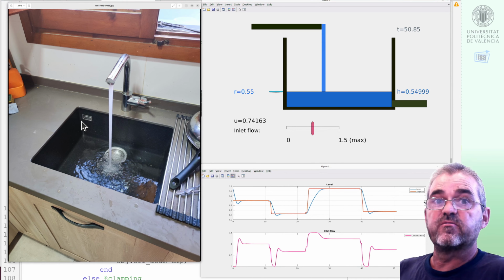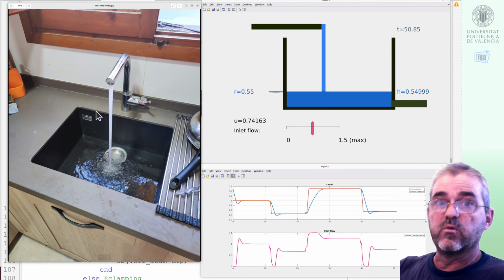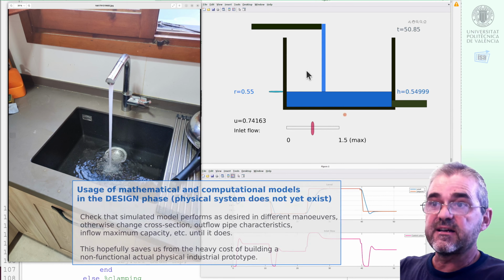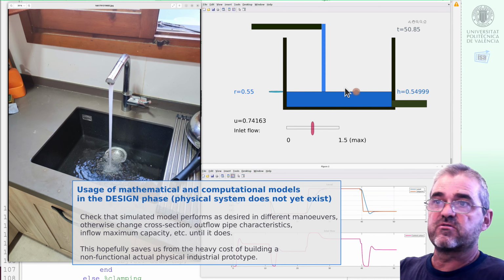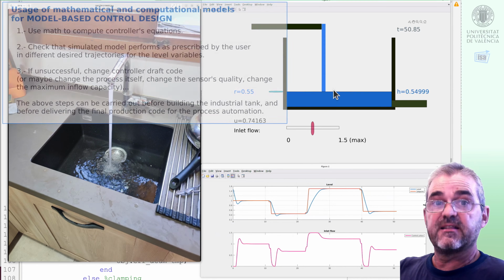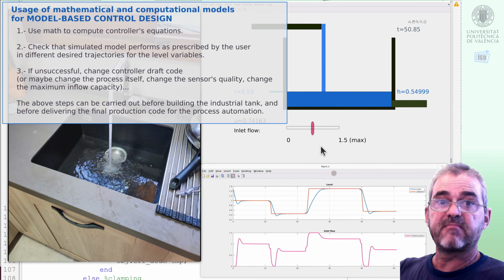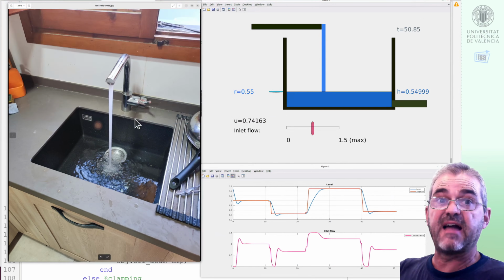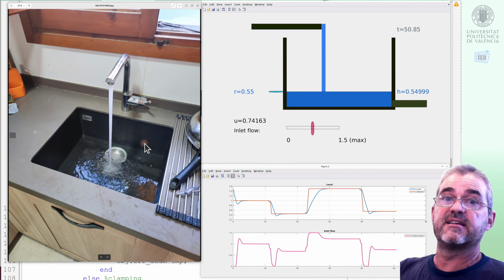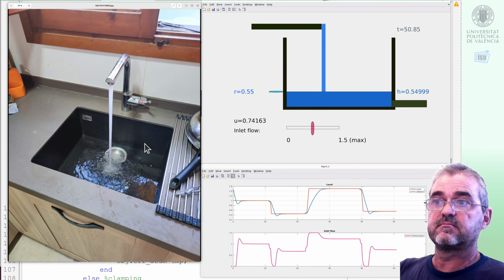So this is the last use of models, okay? The models can be used to design the actual system, the pipe diameters, the tank section, whatever things, and can be used to test control software. And when everything works as intended, then the actual physical system and its instrumentation is actually built.